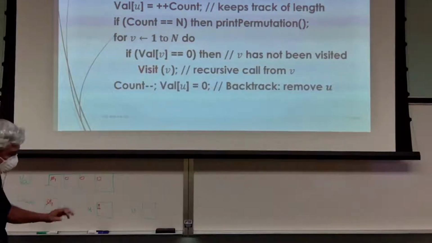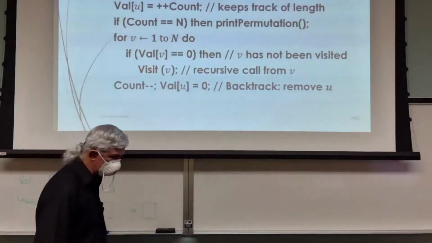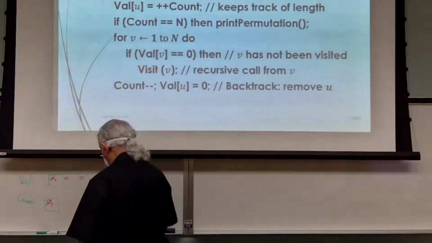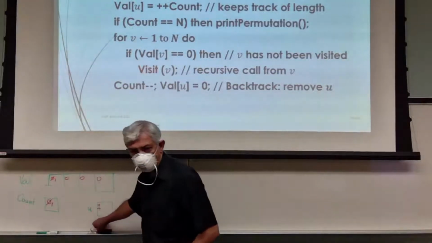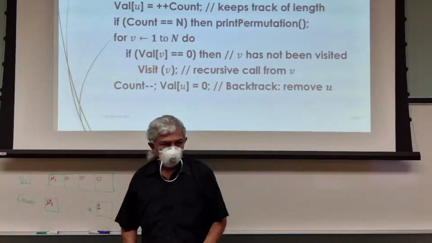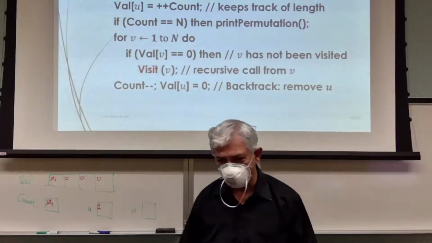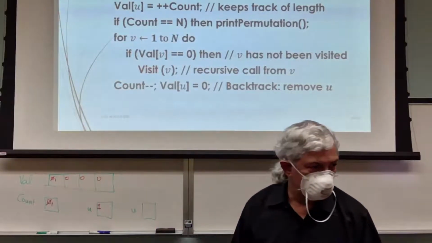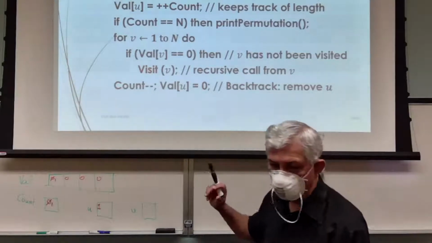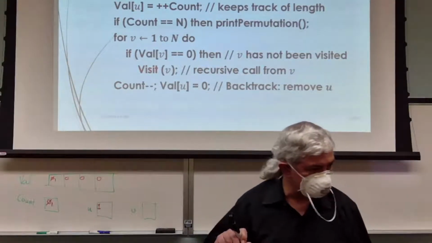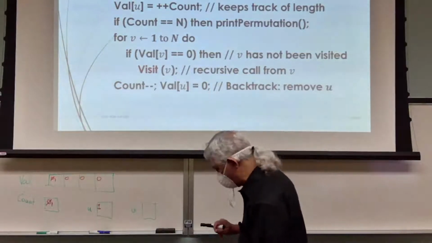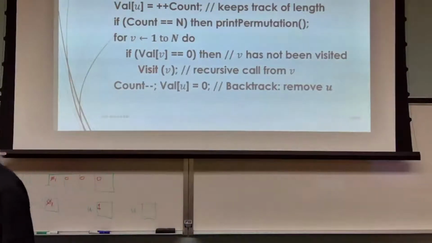So instead of changing this, what I'm going to do is to draw the recursive stack, because this is recursion. If you don't do this carefully, we'll get completely confused, because some of these are local variables and some are global variables. Now, which ones are local and which ones are global here?